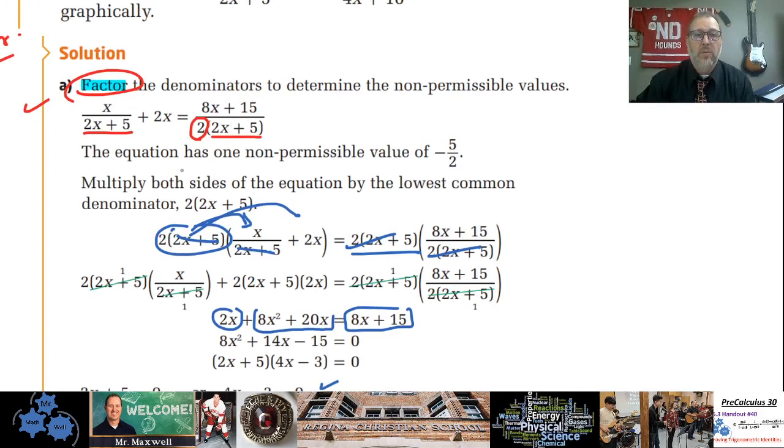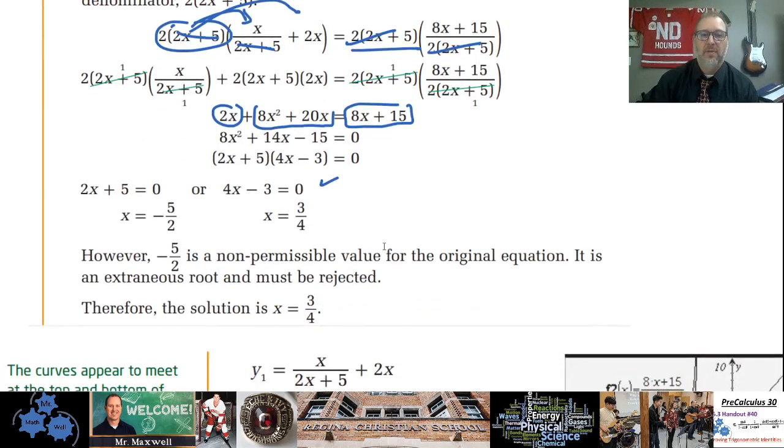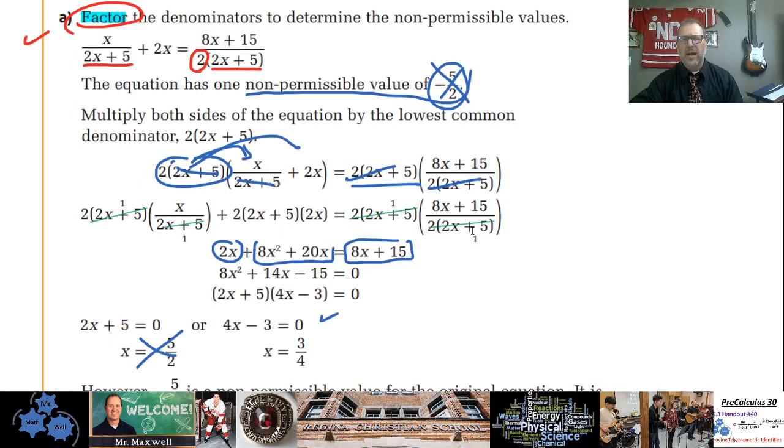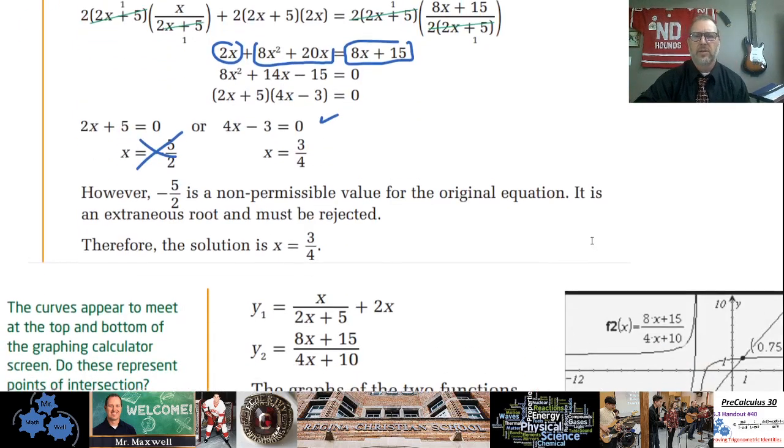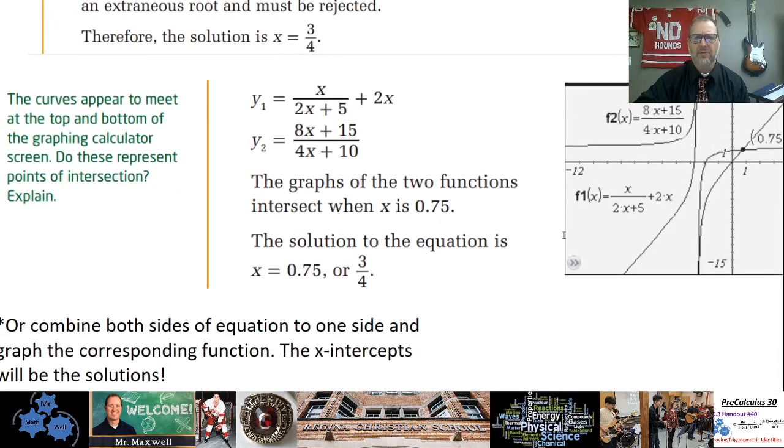Well, we should notice our non-permissible values early on in the question, which they did here. And so that means this one is not going to be acceptable as a possible answer. And so you realize that that makes the denominator 0 over here and here. So you would reject -5/2, and your answer is 3/4. Okay? So algebraically, get rid of denominators, gather all like terms, solve however you can after that.